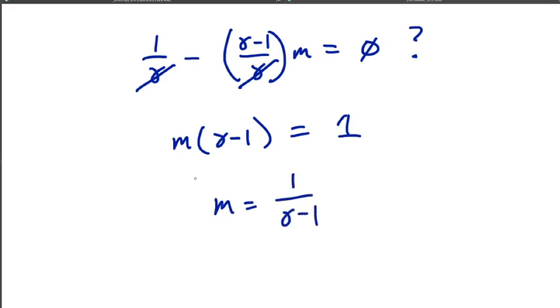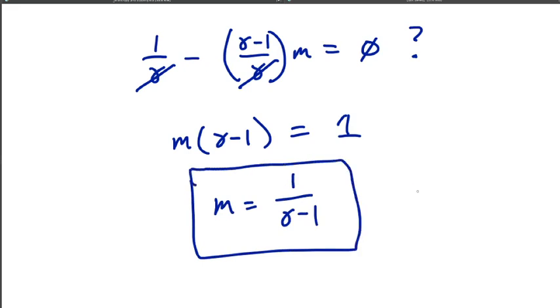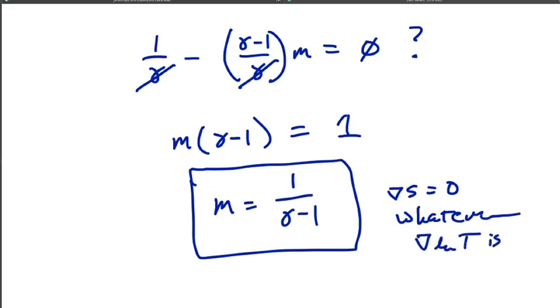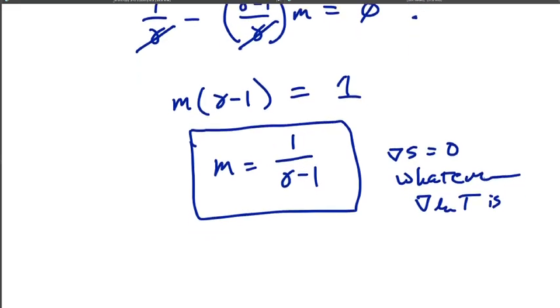And remember, this is the m that makes that whole prefactor equal to 0, and that means that grad S is equal to 0, whatever grad log T is. It doesn't matter. It could be positive, it could be negative. Grad S will still be 0.